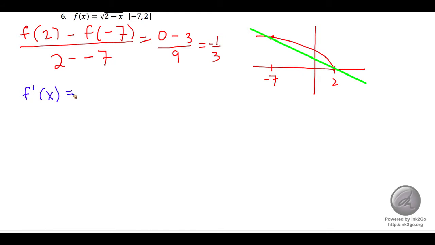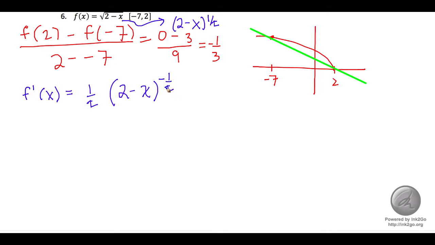Well, f of x is really just 2 minus x to the 1/2. So we can use the power rule, pull the 1/2 down to the front, and this exponent here now is -1/2.